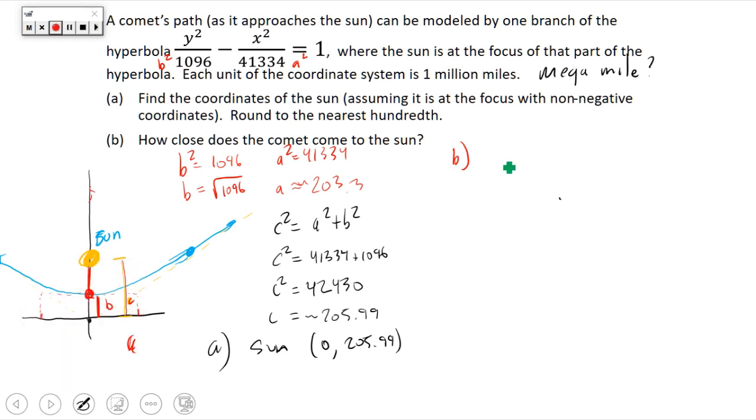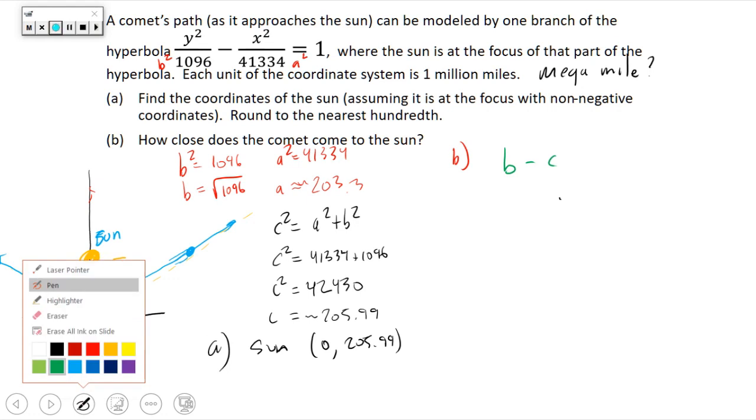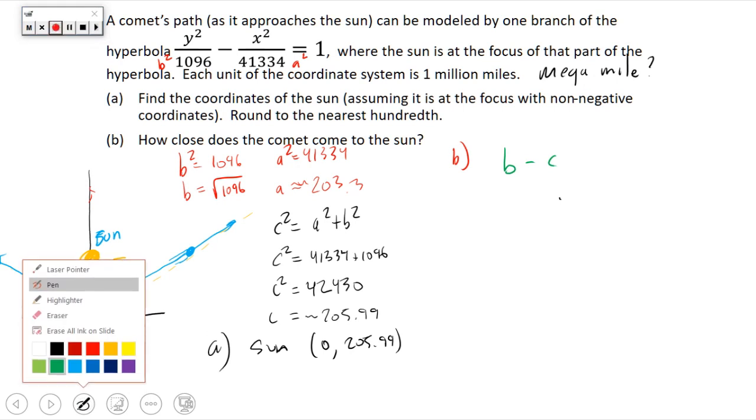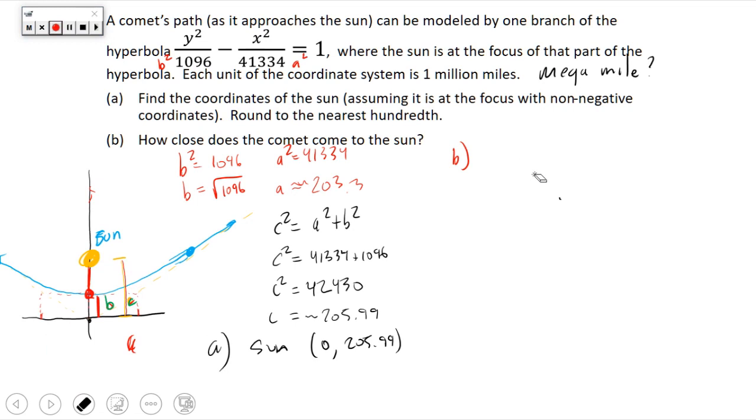I want to know c minus b, not b minus c. Obviously c is bigger than b.